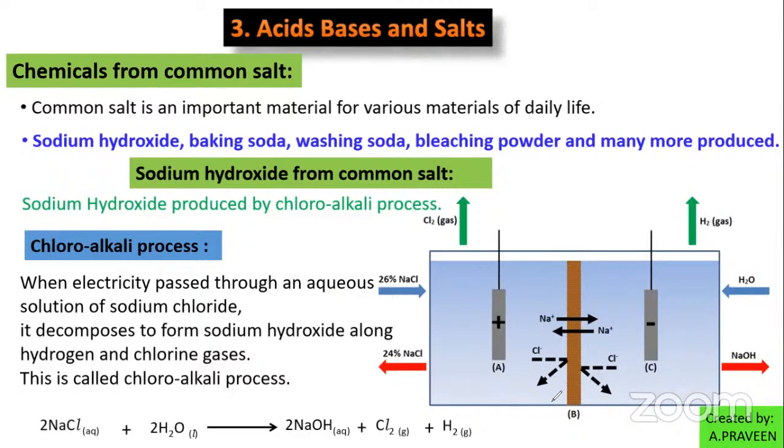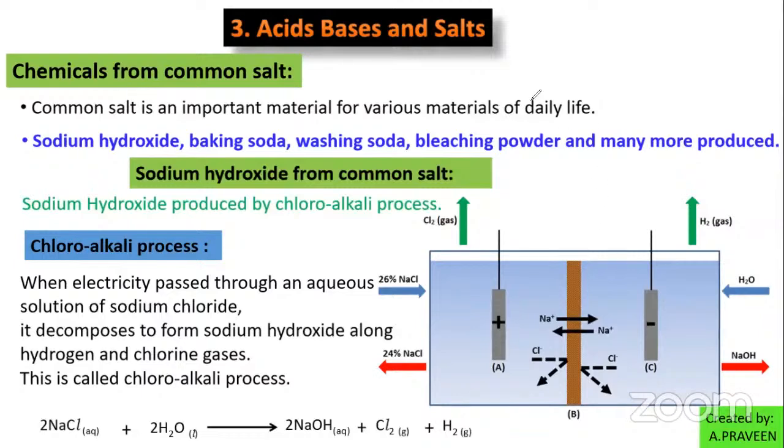Then, using sodium hydroxide and chlorine, we can produce bleaching powder, CaOCl2. Bleaching powder is used in the bleaching of fabrics and in household bleaching, that means floor cleaning and the water purification process.